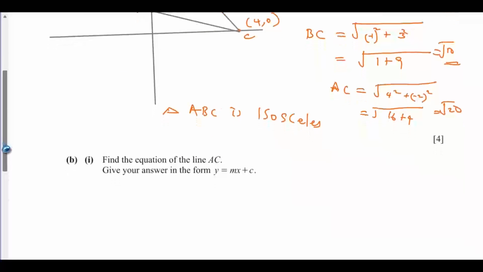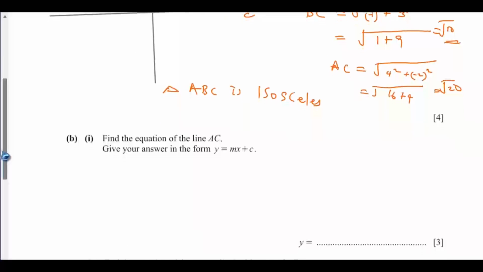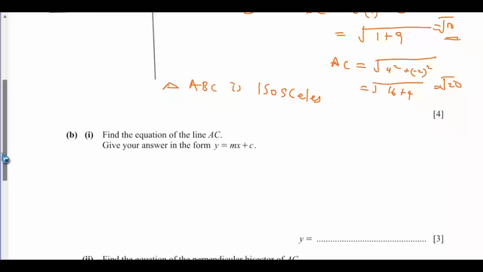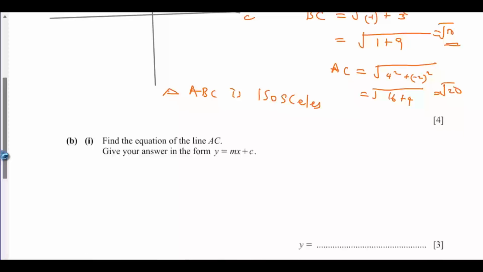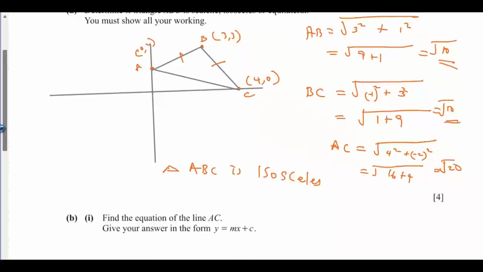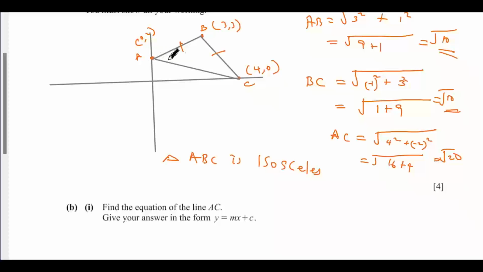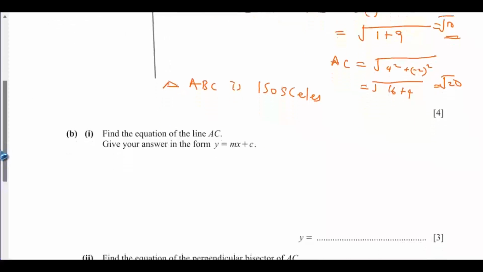Find the equation of the line AC. Give your answer in the form y equals mx plus c. For you to find the equation of line AC, you need to find the gradient, and it passes through either point C or point A, so you can use any of these 2 points.